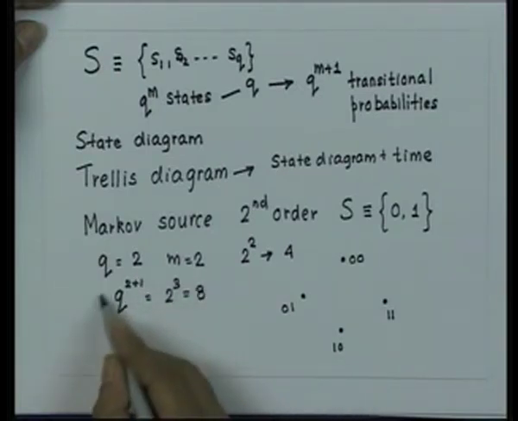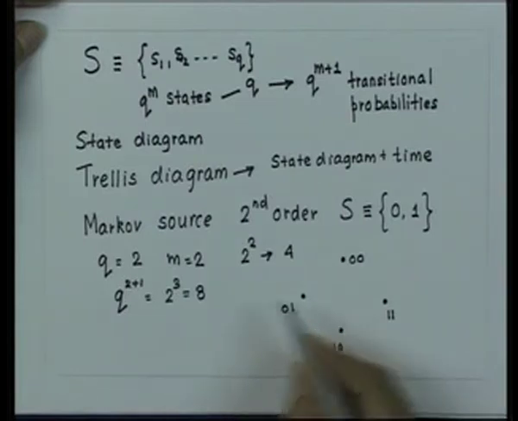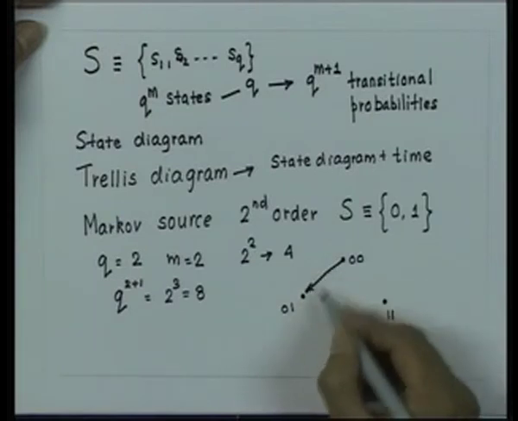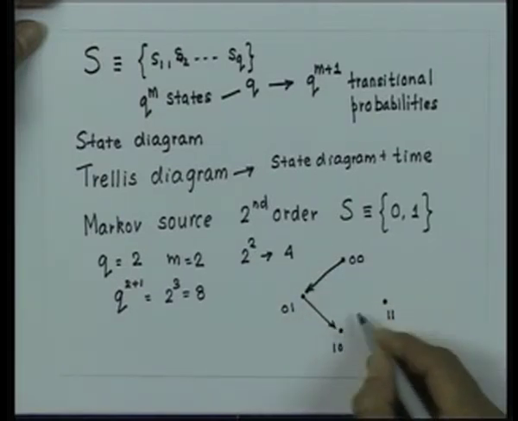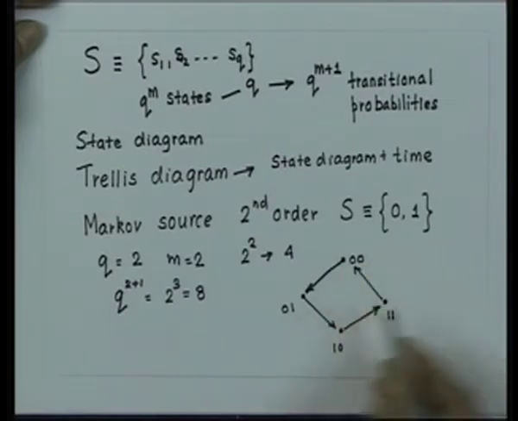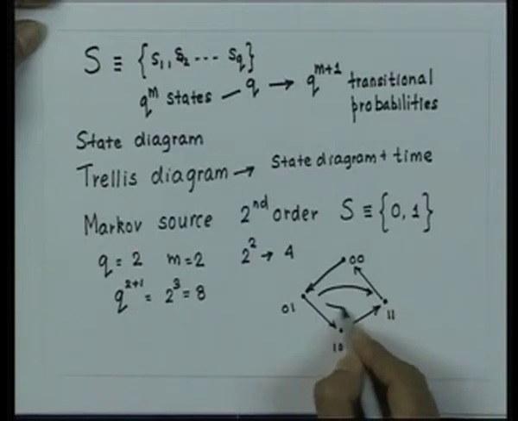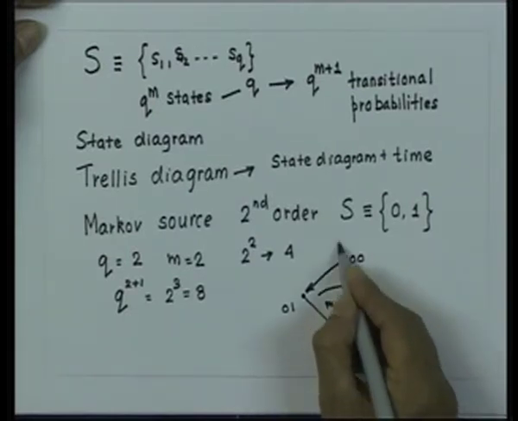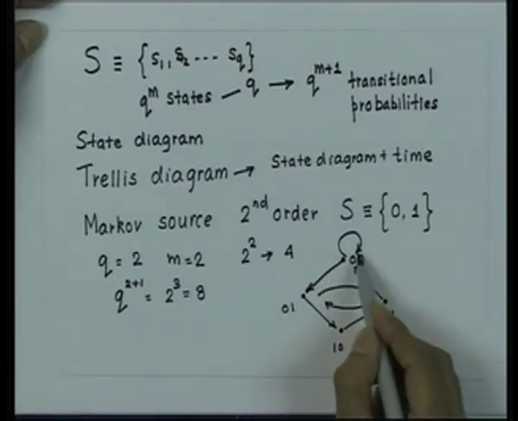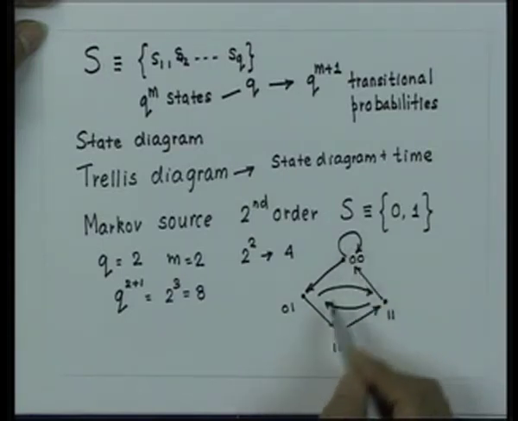So, I should specify 8 conditional probabilities, and these 8 conditional probabilities are depicted in this state diagram by arrows. For example, there could be arrows running from one state to another state like this. So, arrows basically indicate the conditional probabilities.